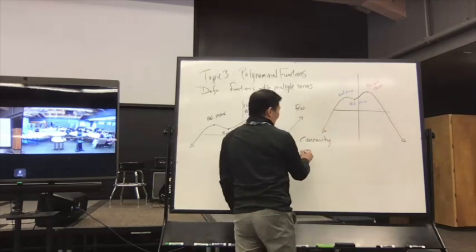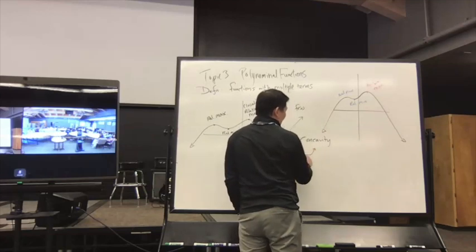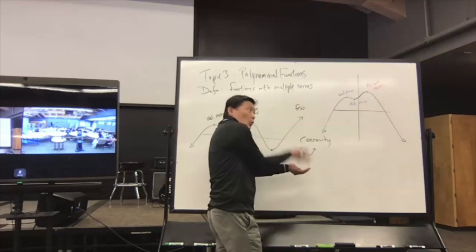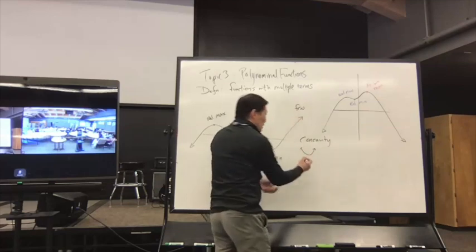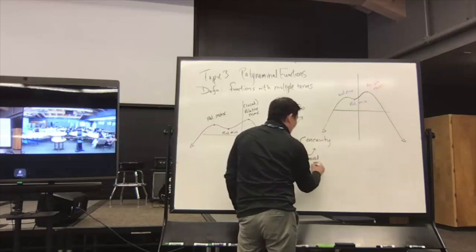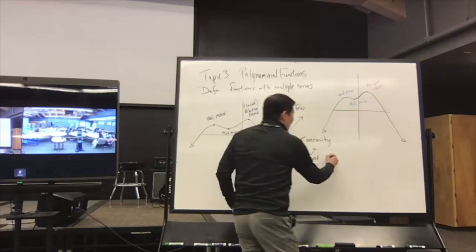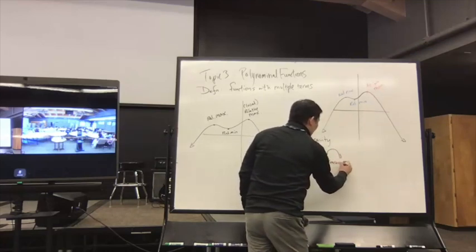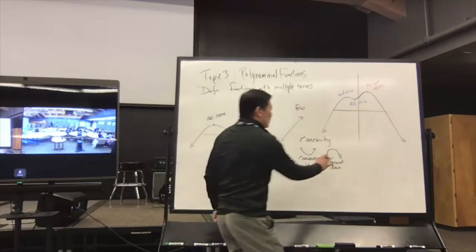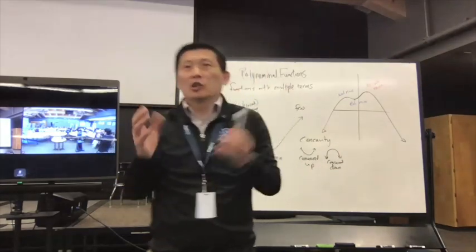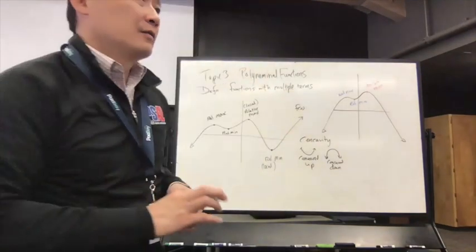A graph will have a curvature that is wrapping toward the upper direction. We call this concave upward. If you have something like this, we call this concave downward, concave down. So this is called a concavity. It's the arch, the curvature of the graph.